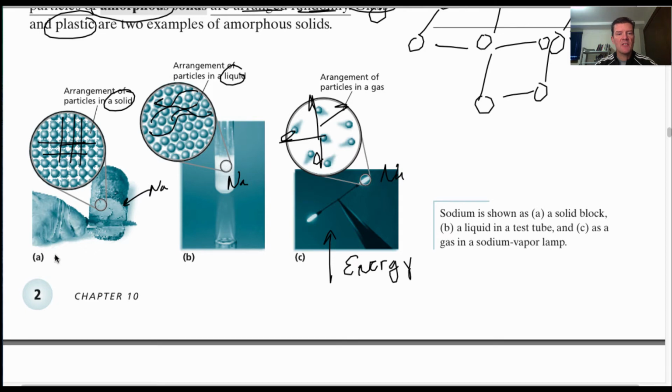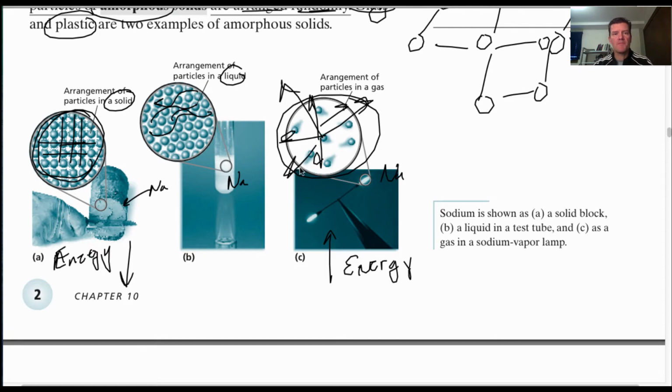And the energy for the solid is going to be lower. These particles don't have enough energy to pull apart from each other. The intermolecular forces are holding them tightly, whereas gas particles have more energy, and they can really separate from each other and move apart.